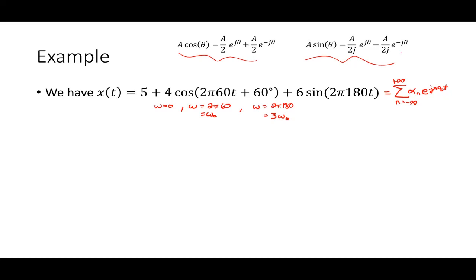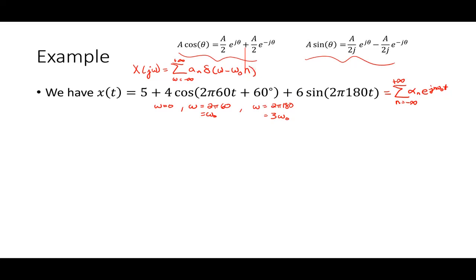So essentially, to graph the Fourier transform of this, I ultimately want to get to X of j omega equals this summation, for n from minus infinity to positive infinity, of alpha n delta of omega minus n times omega naught.